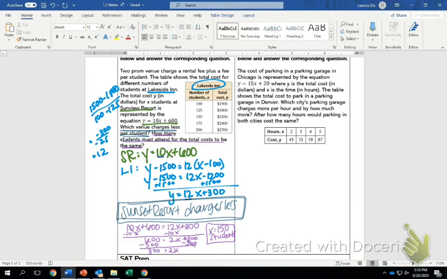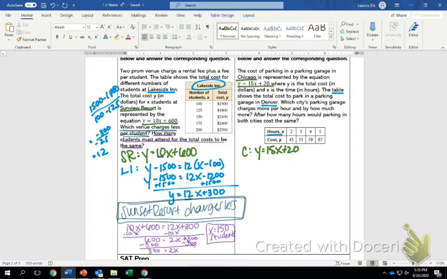All right, so first things first, we're doing the same idea as before. We have Chicago information, which is represented by the equation, and we have Denver information, which is represented by our table. So I'm going to copy down what I already know, which is about Chicago. So I'm going to copy this equation down.